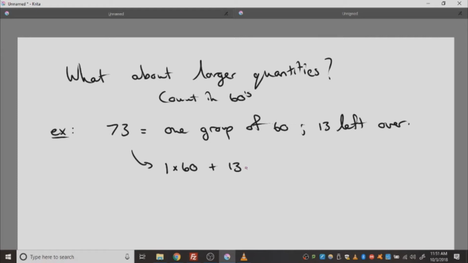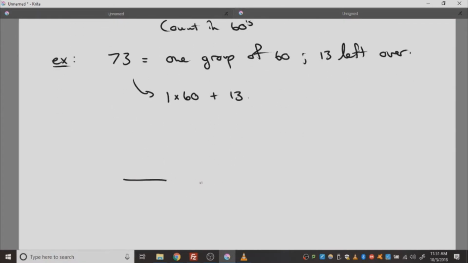Okay. Because I can only go up to 59, I am now going to make 2 places. So this is a place value system. From right to left, the right side is going to count the leftovers, or the ones.